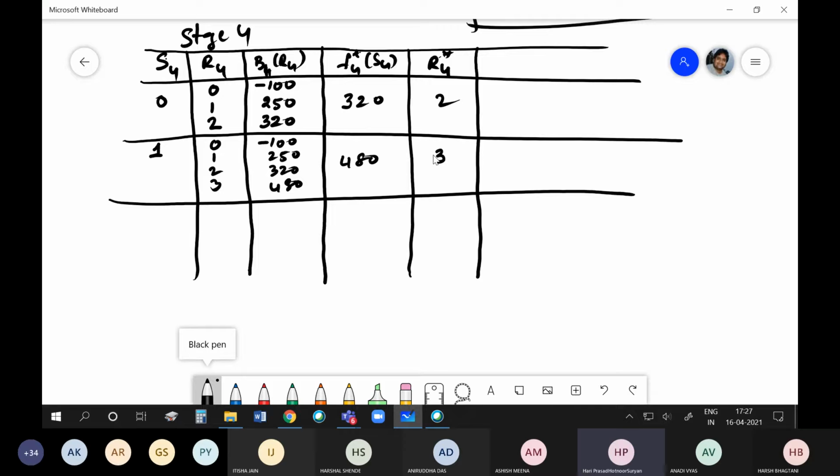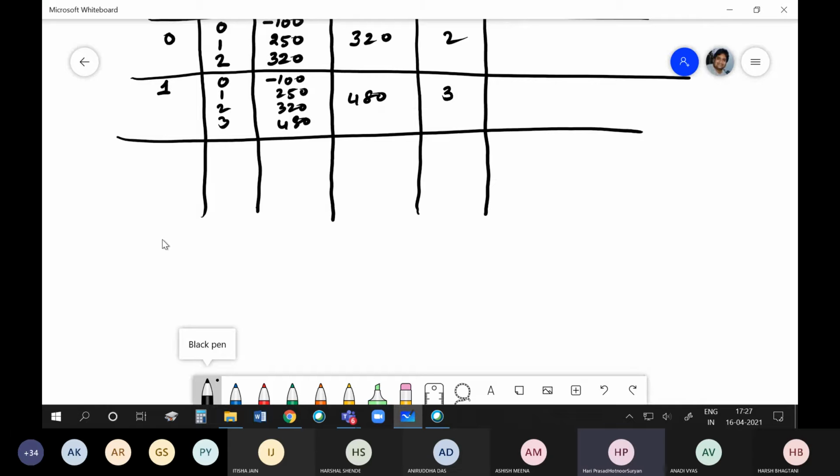Now let us come to the case where I have 2 units, and 2 is coming. What are the possible releases? 0 to 4: 0, 1, 2, 3, 4.